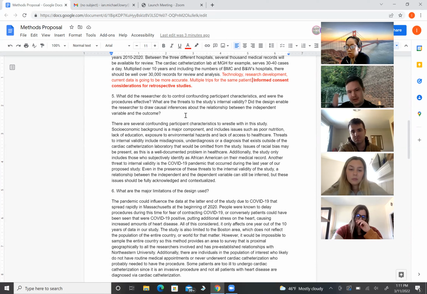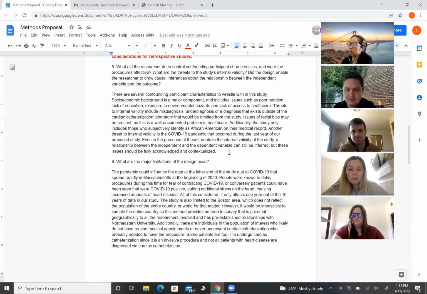But that being said, as long as we take these factors into account, discuss them, and make sure they're put into context, I still think we'll be able to analyze the relationship between the independent variable, the sickle cell disease, and the cardiac disease.